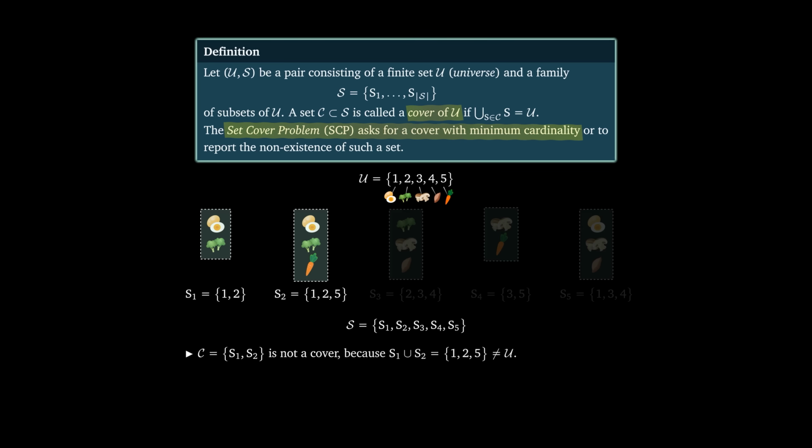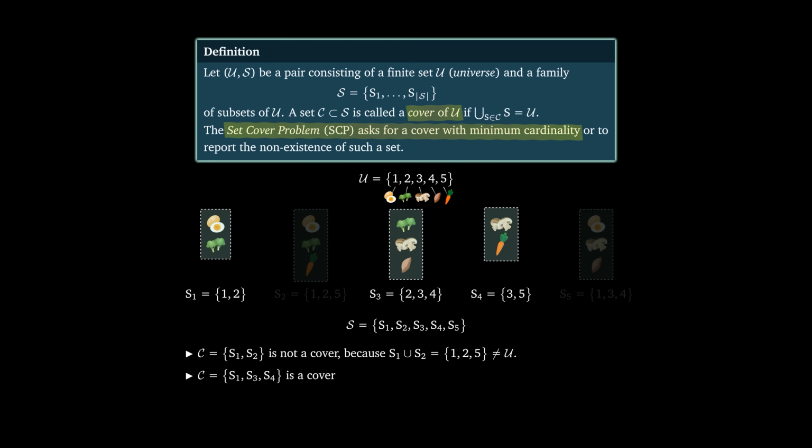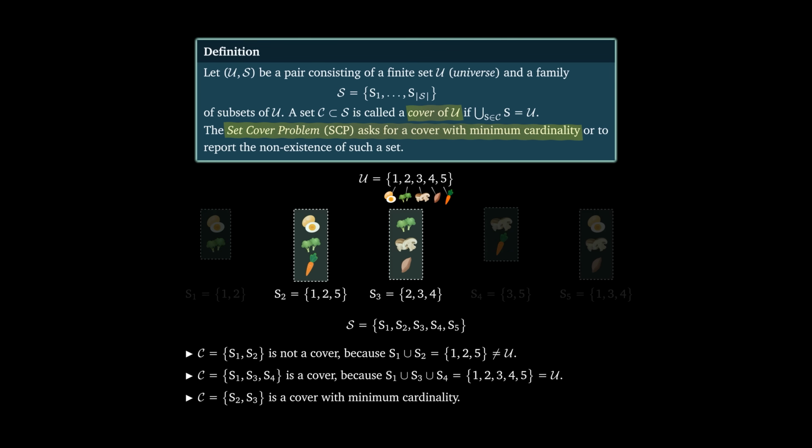On the other hand, the set containing S1, S3 and S4 does form a cover of calligraphic U, since the union of S1, S3 and S4 is the entire universe. However, this cover is not of minimal size as it contains 3 sets. In fact, there is also a smaller cover of calligraphic U containing only the sets S2 and S3. And this is exactly what the set cover problem is asking for, a cover of the universe with minimal size.